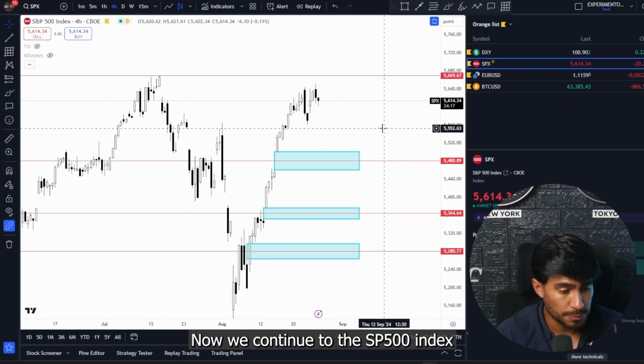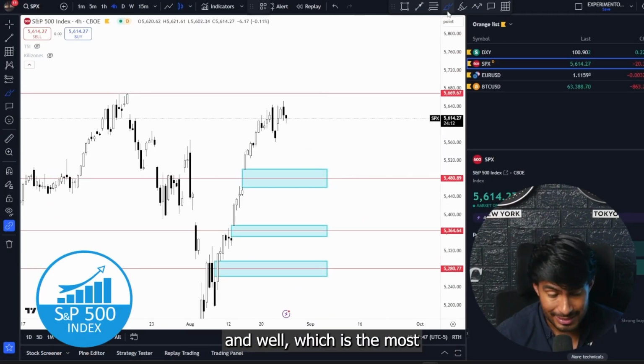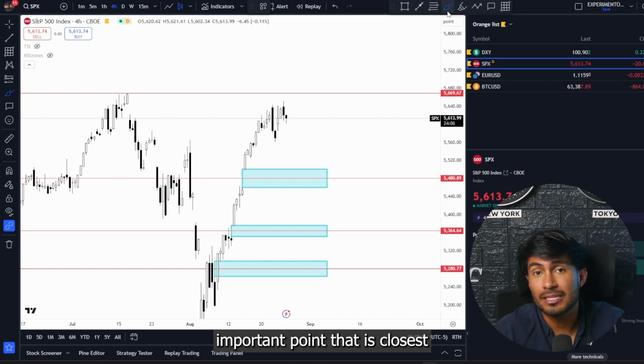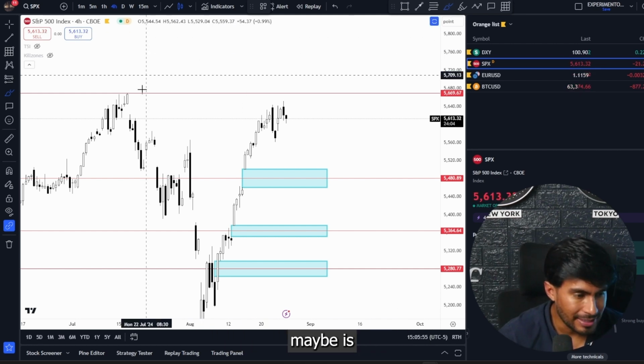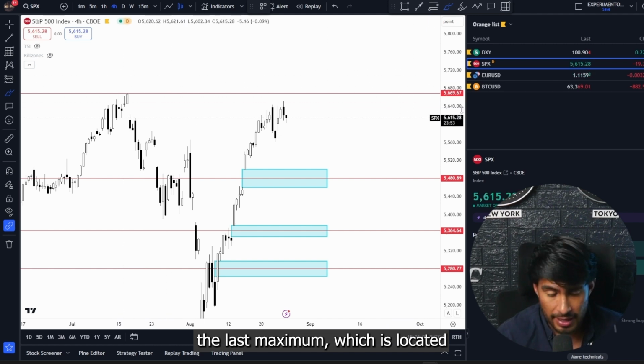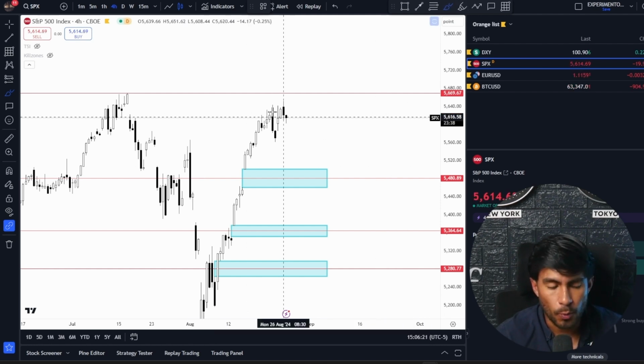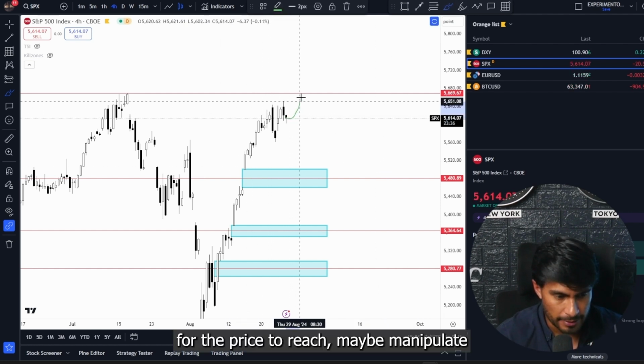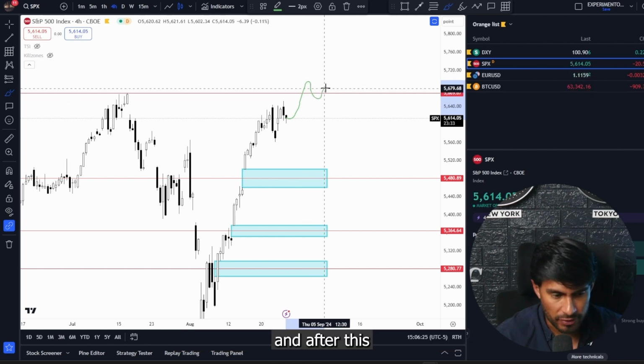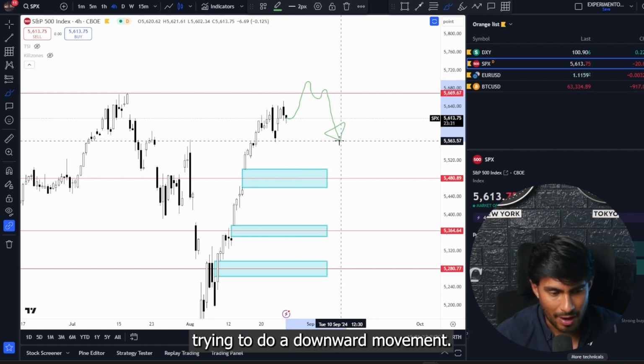Now we continue to the S&P 500 index, and well, the most important point that is closest to the price, maybe is the last maximum, which is located at $5,669 for this index. This is the zone that I will wait for the price to reach, maybe manipulate, and after this try to do a downward movement.